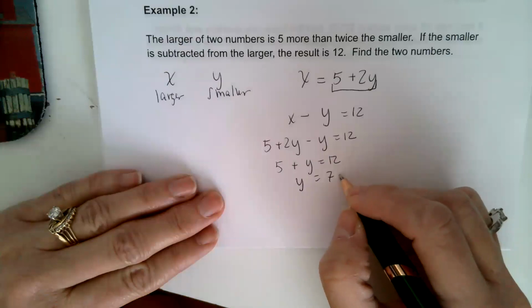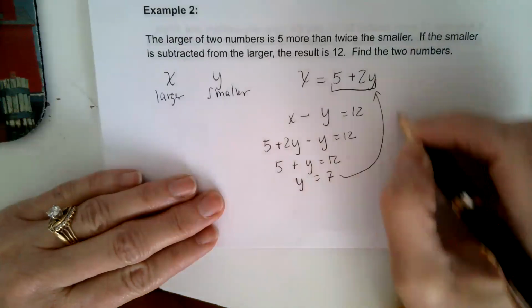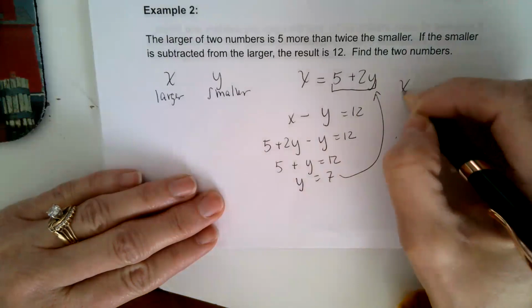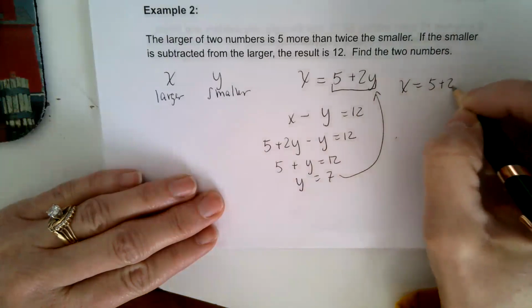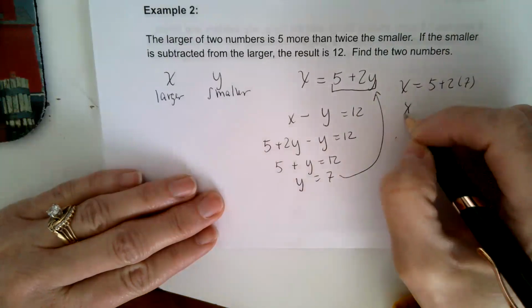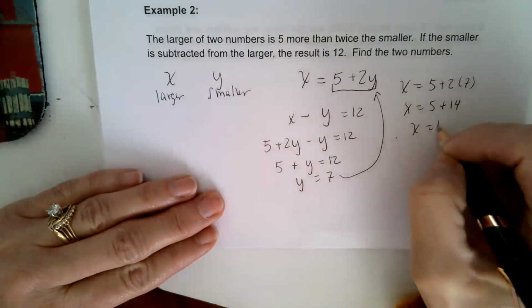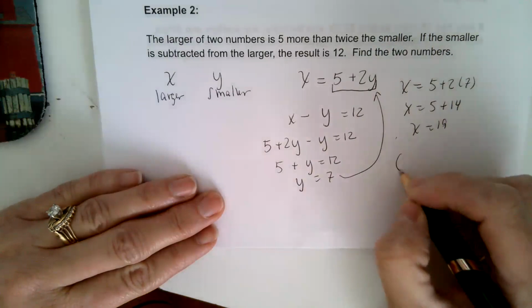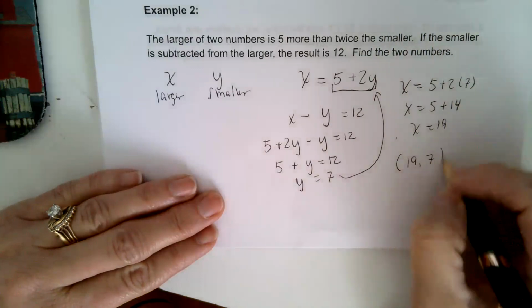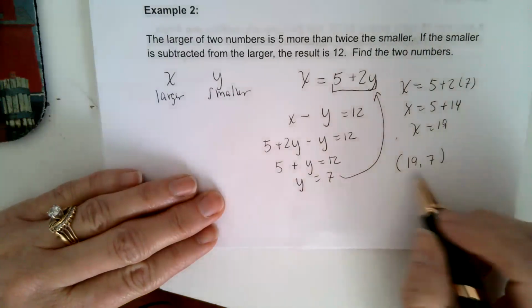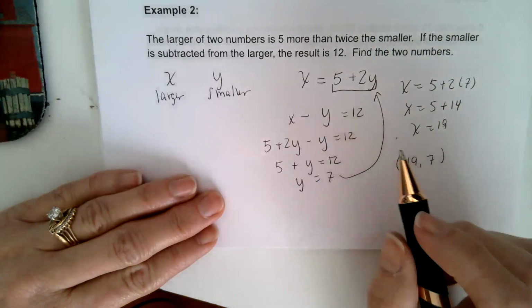And then I can put that back into the first one. So x equals 5 plus 2 times 7. So x is 5 plus 14, and x is 19. So I have the ordered pair 19 and 7. And the difference between them is 12.